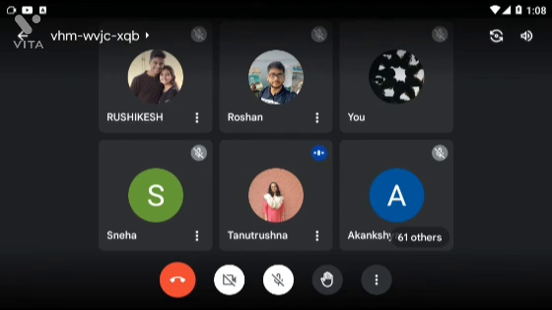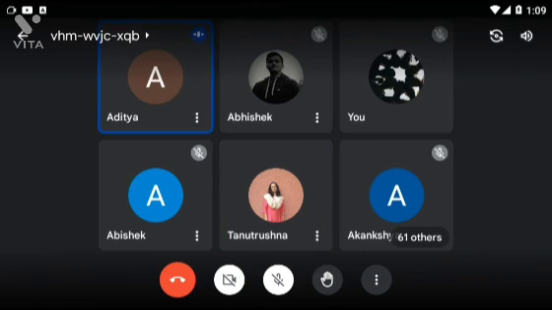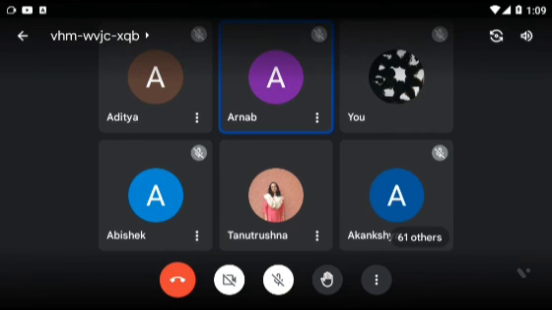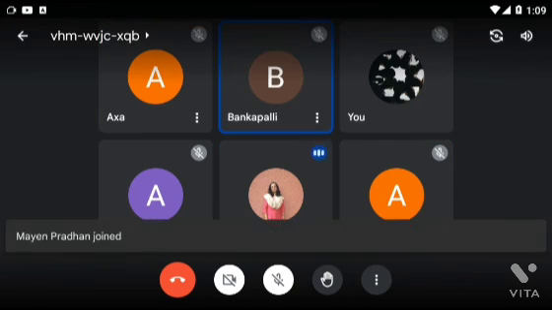Abhishek Gupta. Present, ma'am. Abhishek Upadhyay. Present, ma'am. Adira Sahu. Aditya Vikram Jena. Present, ma'am. Akankhya Nayak. Present, ma'am. Aman Gupta. Present, ma'am. Anshuman Padhi, anyway left. Arnab Mahanti. Present, ma'am. Astha Swarup Nayak. Present, ma'am. Gemini Lakra. Present, ma'am. Ayush Singh. Present, ma'am. Karthik. Present, ma'am. Bhavani Shankar Murmu.